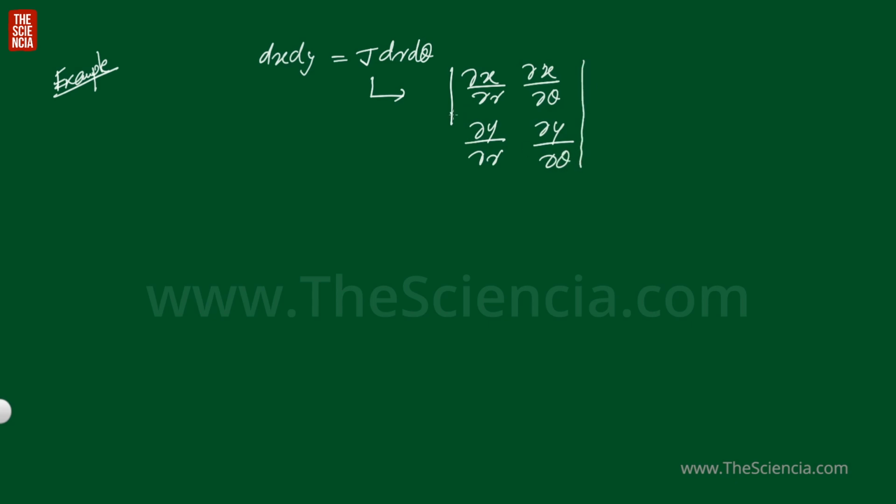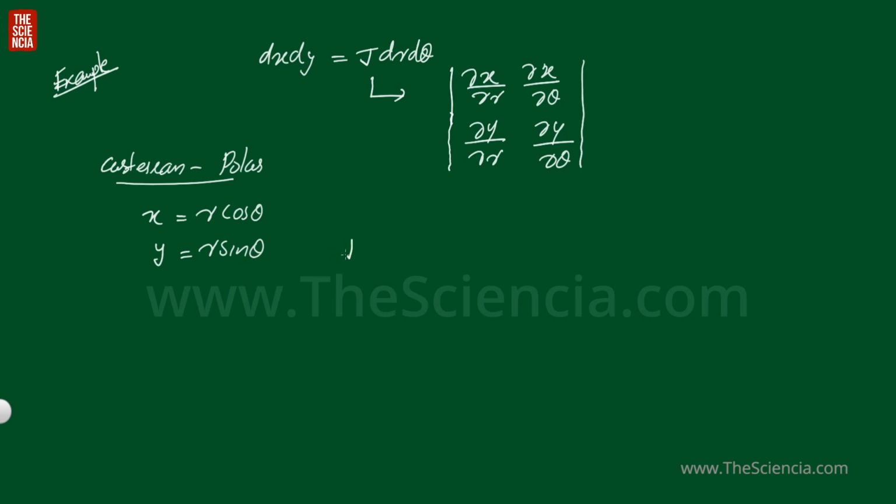It is nothing but the Poisson bracket of x and y. And here we know the relation between Cartesian and the polar coordinate system. That is, x is equal to r cos theta and y is equal to r sin theta.